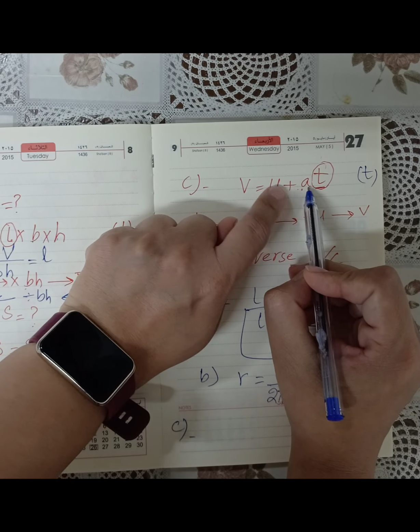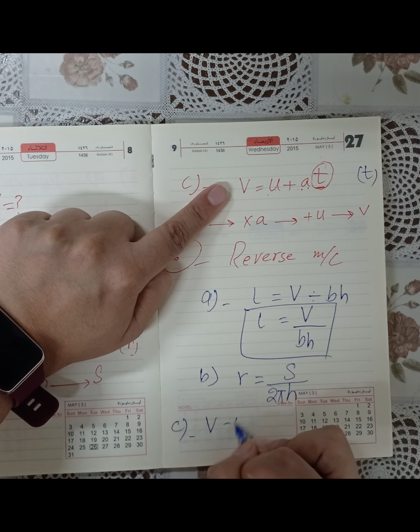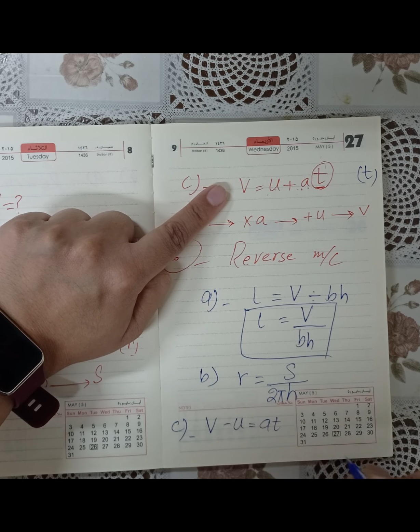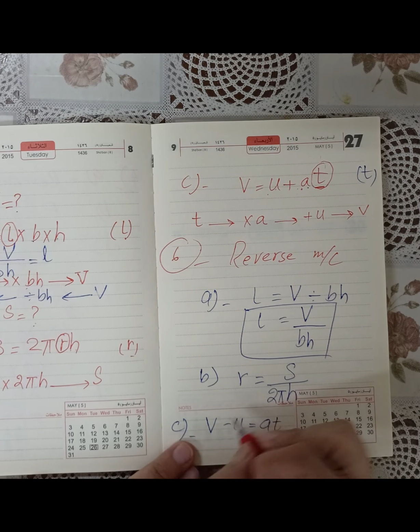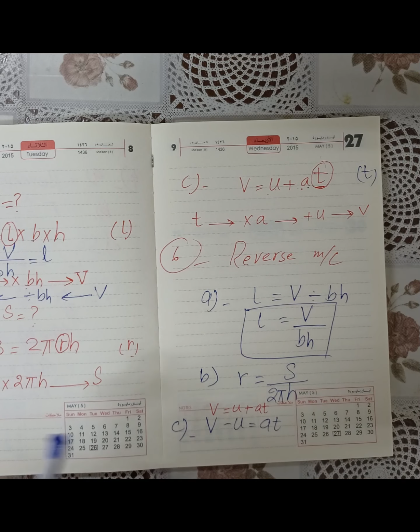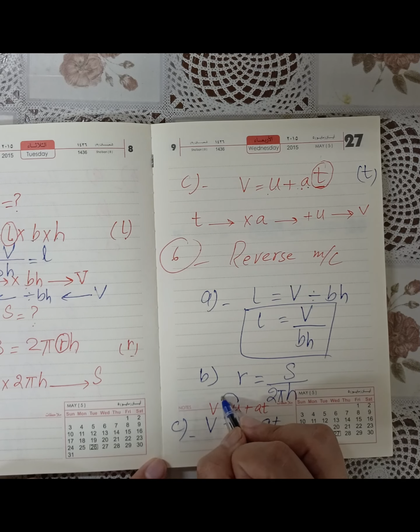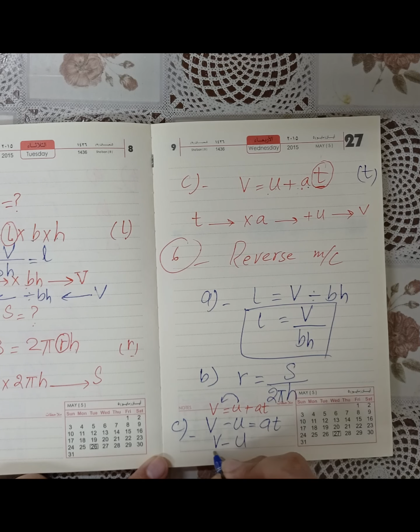Okay, so first I will get rid of this U. V minus U equals 80. Or I can write first the equation as it is. V equals U plus 80. Okay, so this U will go here and it will subtract, and then V minus U divided by A. This A that is being multiplied will divide on the other side.